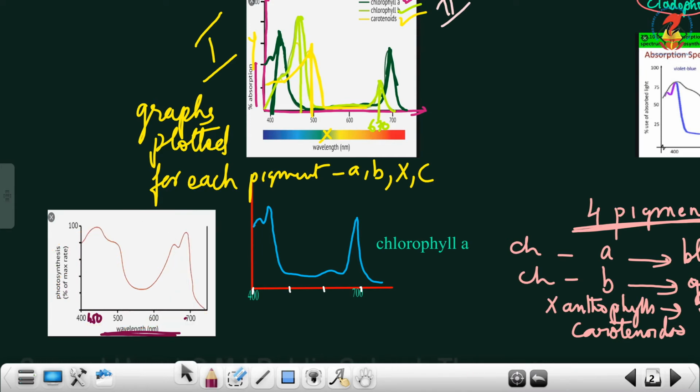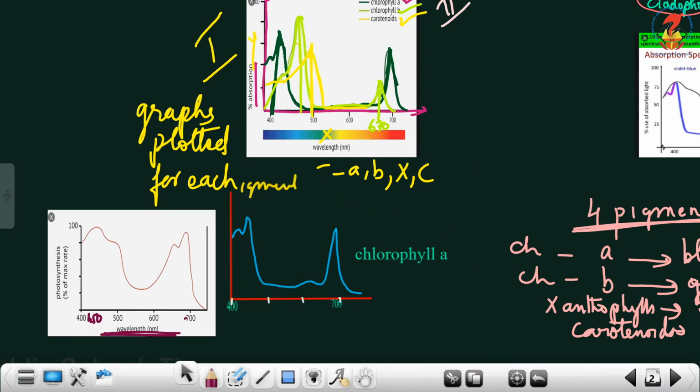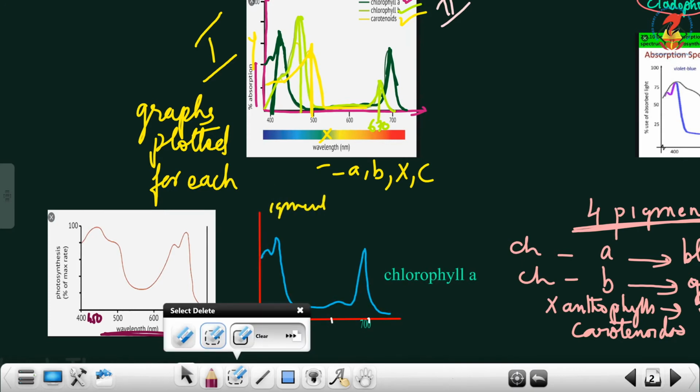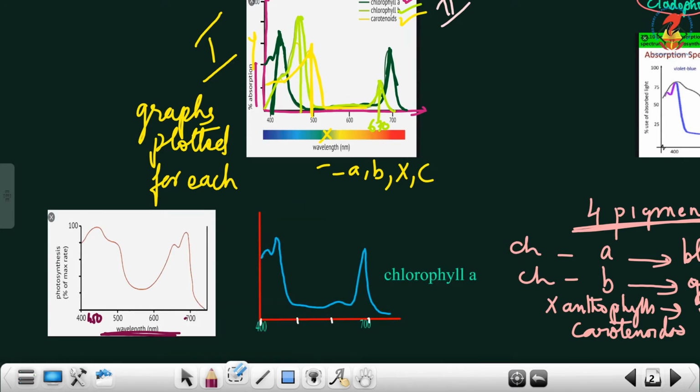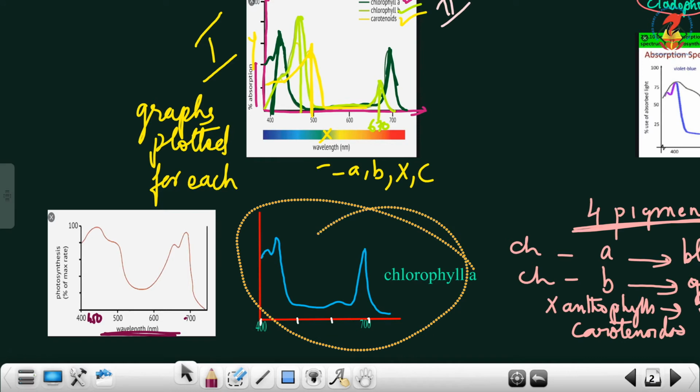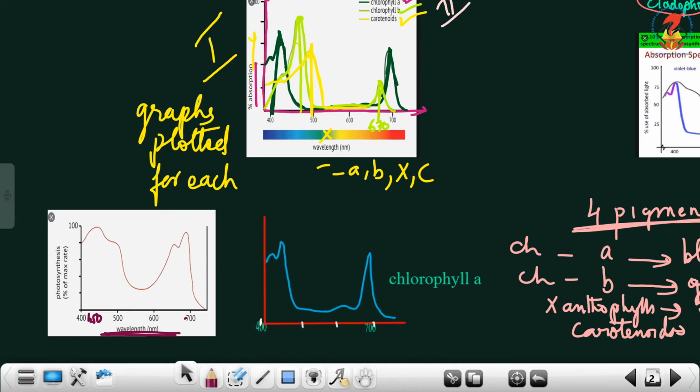When they superimposed the graph of chlorophyll A, I am going to superimpose this. What I am showing, I am superimposing it.